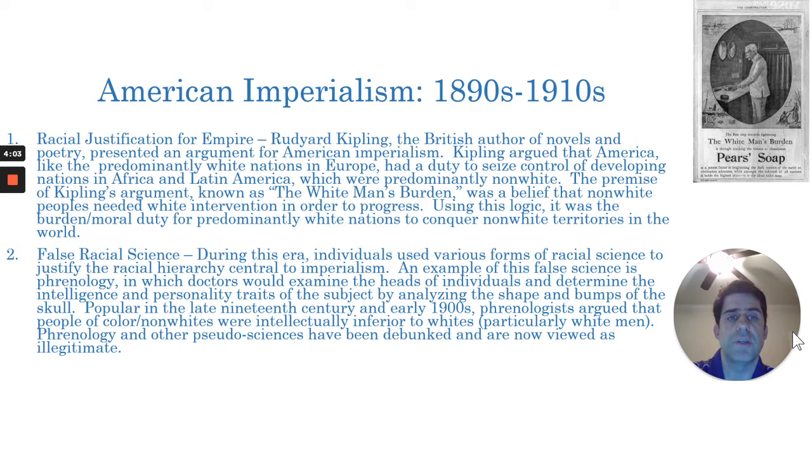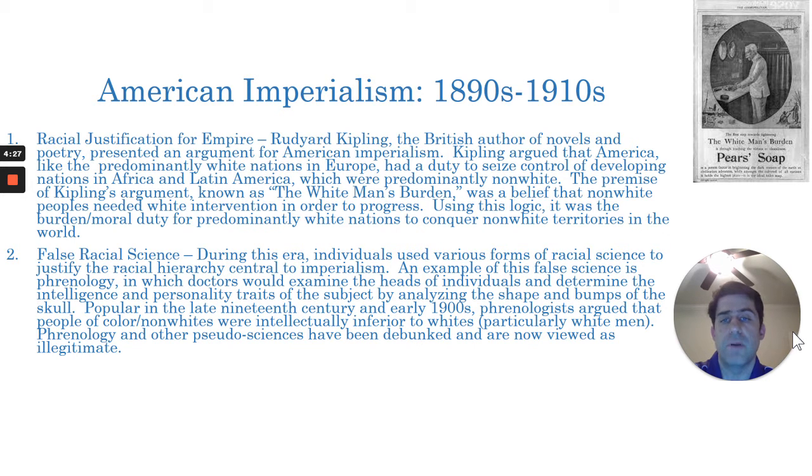that most of these areas that wind up being colonized by these Western European nations and by the United States during this time period are places where the bulk of the population is black, brown, or yellow-skinned, non-white.